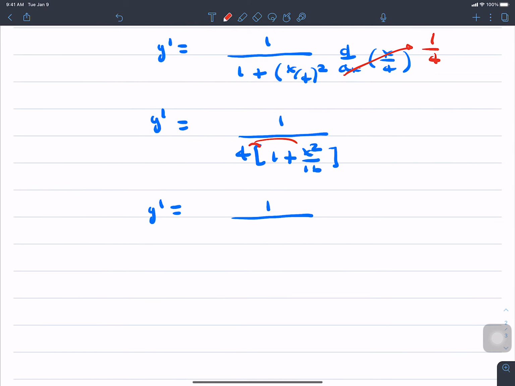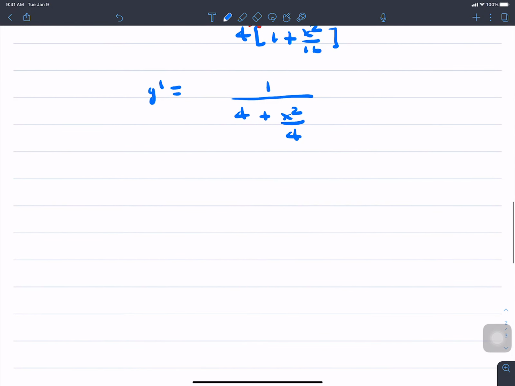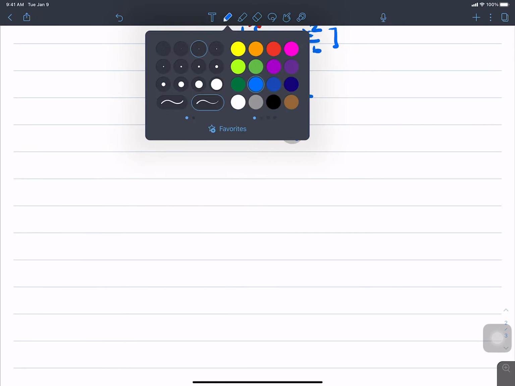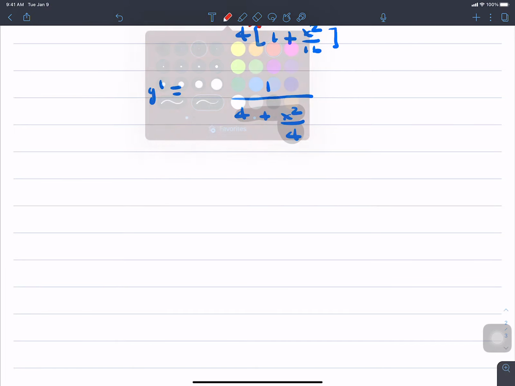Distribute your 4, so you'll get 4 plus x squared over 4. Now, you might look at this and say, is that an appropriate answer? And I'll say, no, what you want to do now is actually, we're going to do a little bit of algebra here.